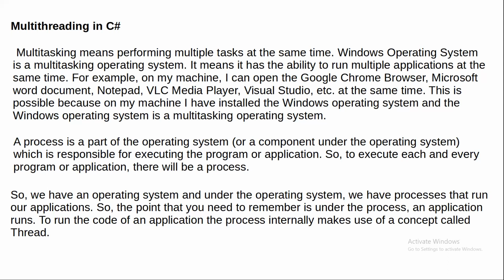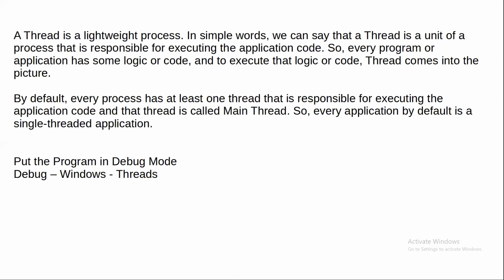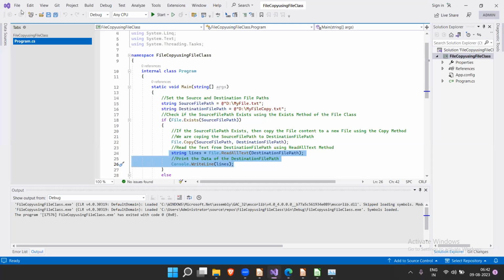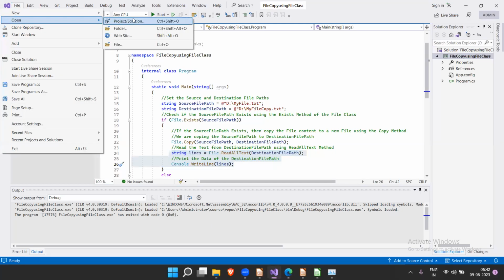Basically it executes a predefined set of statements from beginning to end. A thread is a unit of work, a unit of a process that is responsible for executing the application code. By default, whenever you write a program, it is a single-thread application.